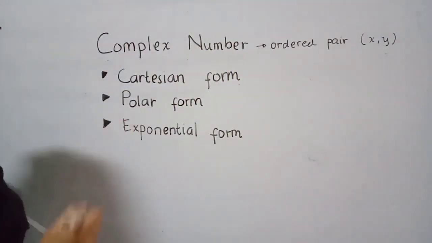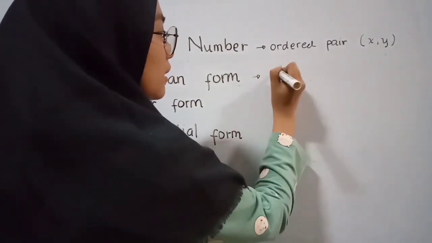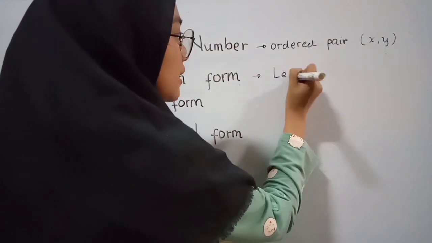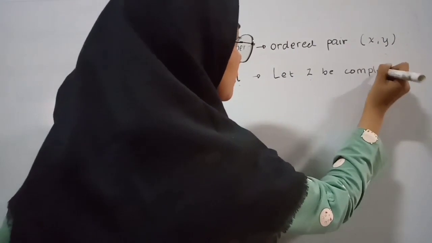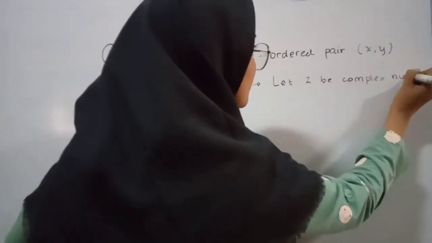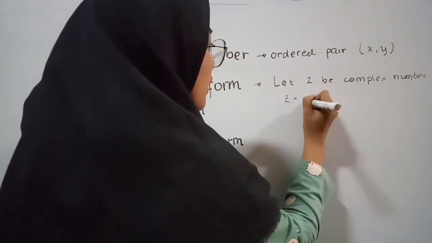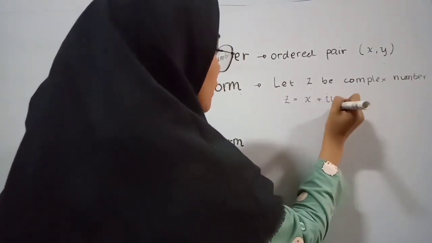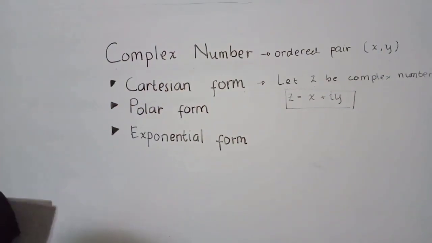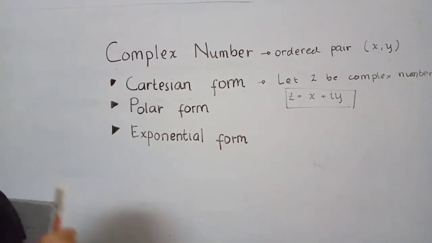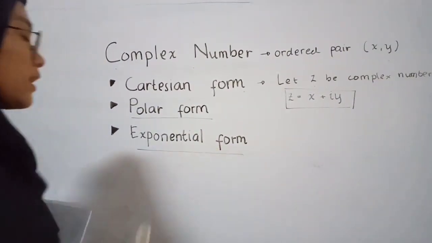So the Cartesian form is: let Z be a complex number, so Z equals x plus iy. But our focus is not on Cartesian form. Our focus is on polar form and exponential form.